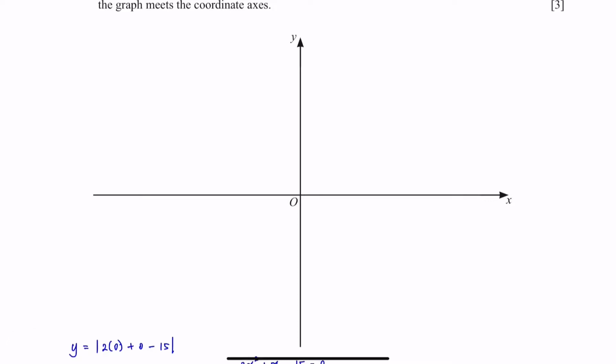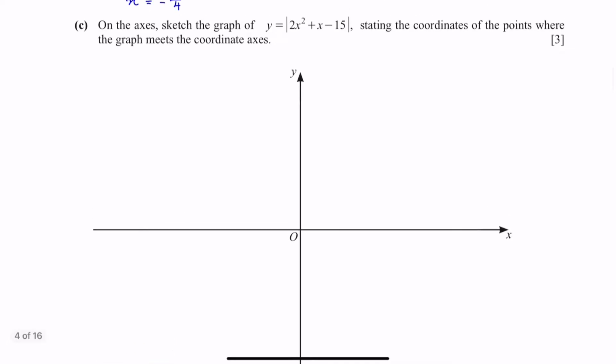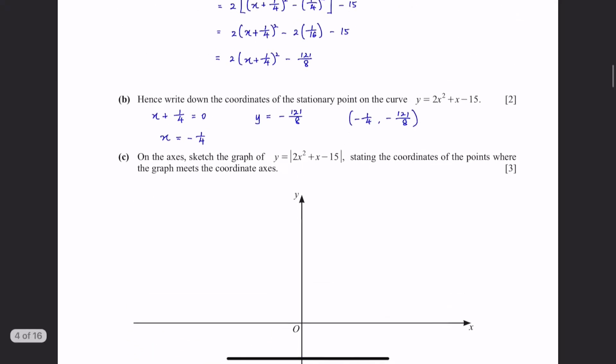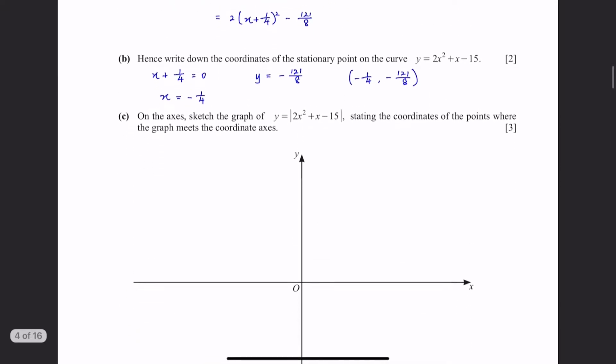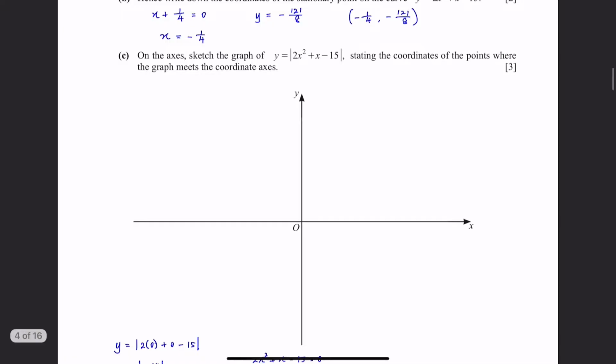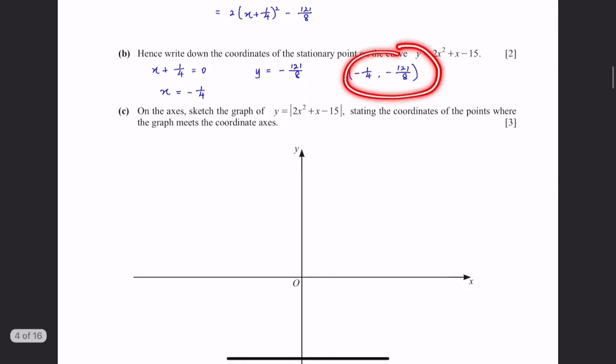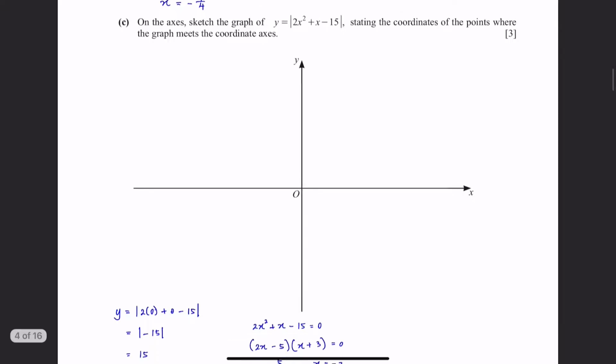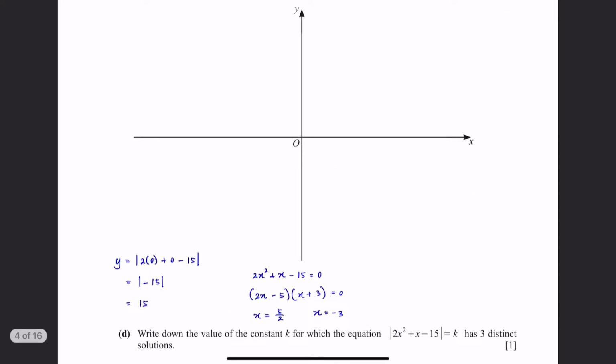Now we can draw a normal quadratic curve. So the stationary point for a normal quadratic graph is negative 1 over 4 and negative 121 over 8. So the graph looks something like this.